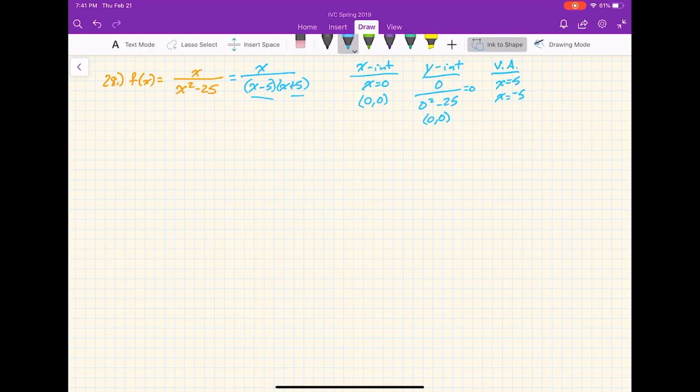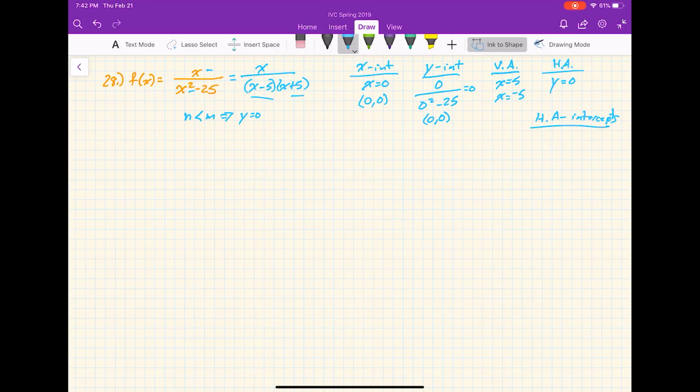And then, of course, we're going to find our horizontal asymptote. That is looking at the exponents of the upper and lower. Remember, we have x times x on the bottom, so that's x squared. So technically our m is greater than n, so it's y equals 0. So do we have any intercepts on the horizontal asymptote?